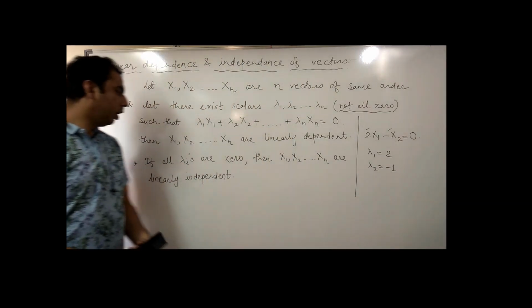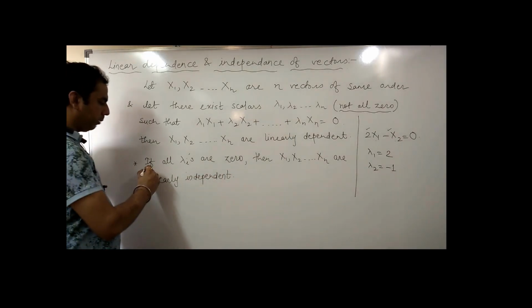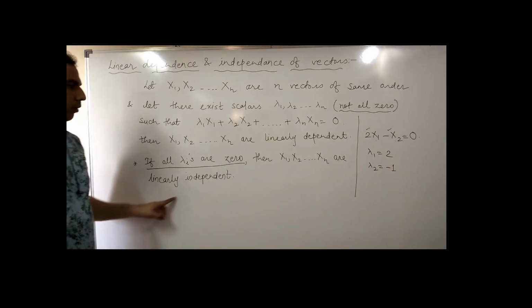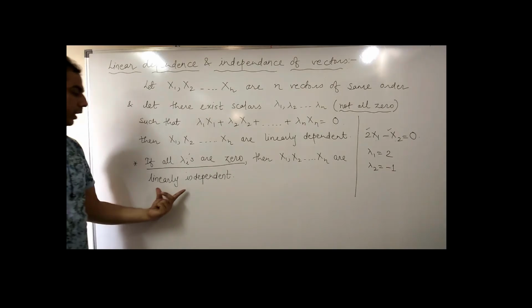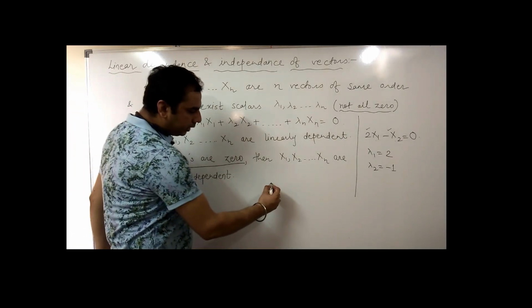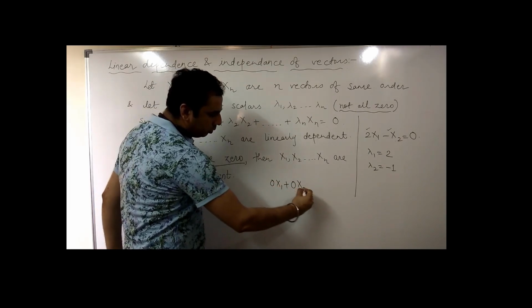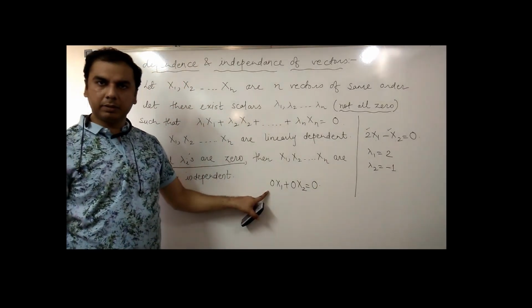Now if all the lambda i's are 0, then we will say that the vectors x1, x2 to xn are linearly independent. That means if we are considering this relation, 0x1 plus 0x2 is equal to 0, then again this equation is correct.